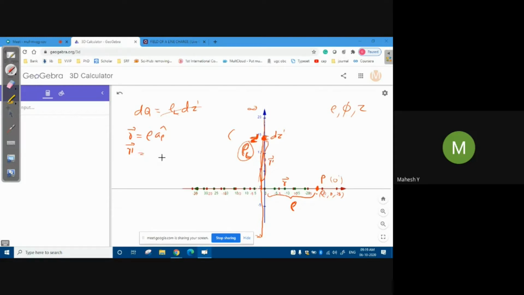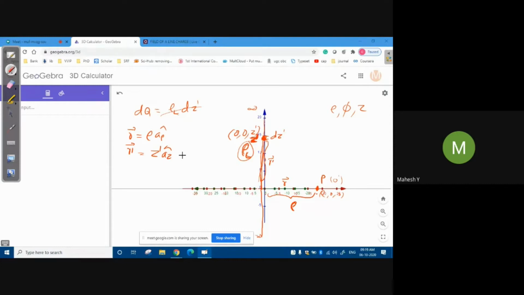Can anybody tell me, what is the rho coordinate? It will be 0 because there is no radius. Phi will be 0. And what will be z? Here it is mentioned, z prime. So what is r prime? z prime az cap.